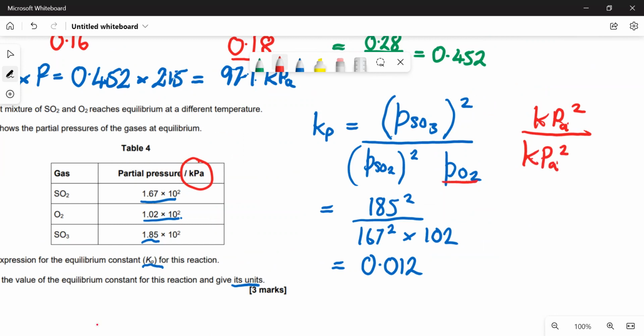And then we've got the partial pressure of O2, so that's just kilopascals. That cancels with that. So we get 1 over kilopascals as the units. Change the sign of the index to bring it up to the top. So it's kilopascals to the power of -1 is the unit there.